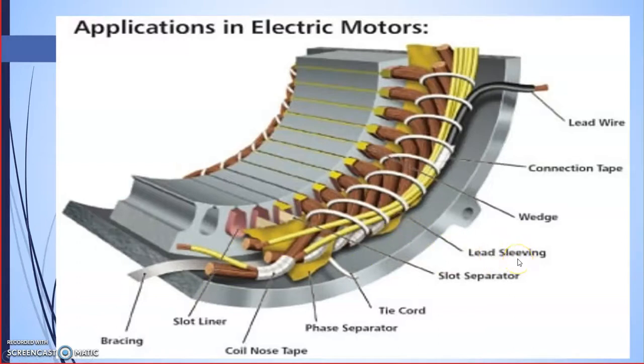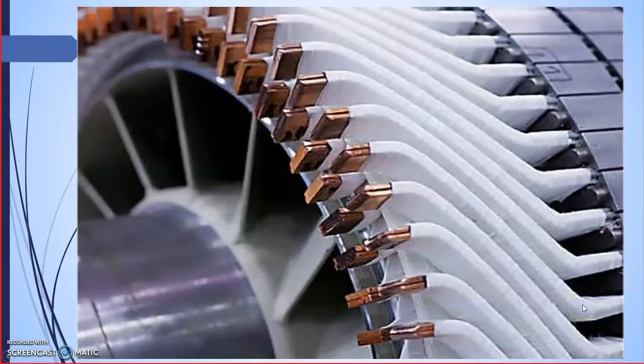Just like we have sleeves on our dress, the same word sleeve is used, meaning that it will be hollow insulating material, and wires or different parts will be passed through that hollow insulating material, so it is called a sleeve. So lead sleeving. Then the wedges. Here it is not shown, I am going to show you videos also to understand this. Then connecting tapes. Connecting tapes are also used, and this VIR or lead wire is used. Okay, so this is just the understanding.